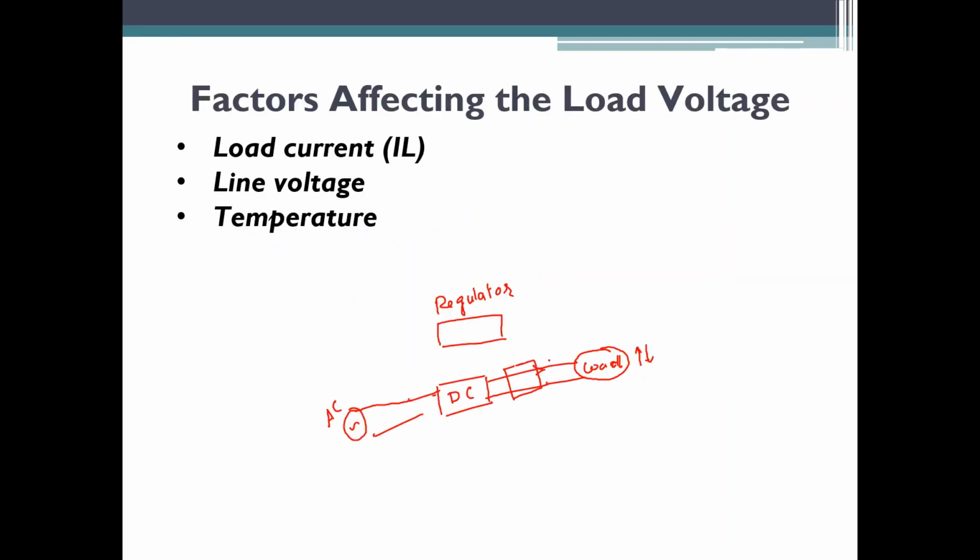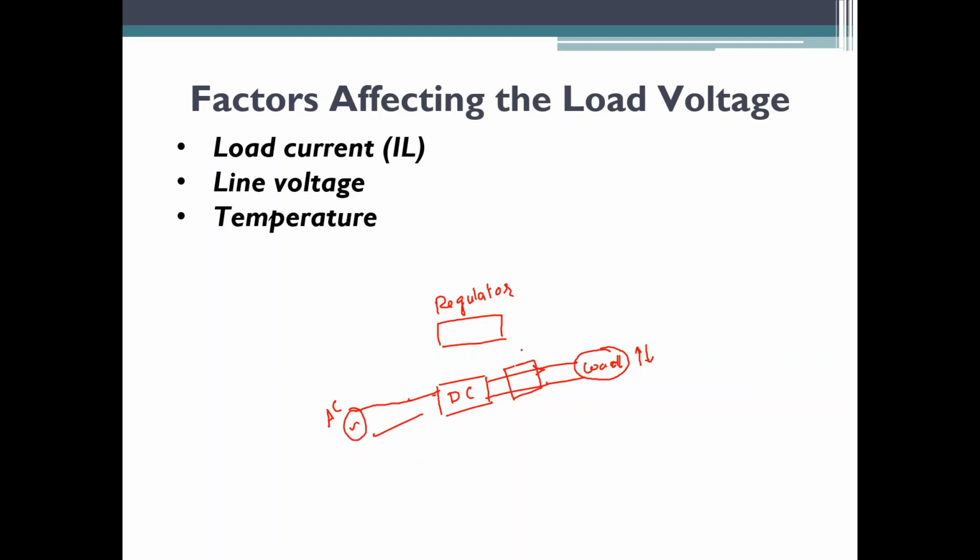Now when the load current increases, obviously the temperature of the devices that make up a filter or a rectifier will increase as per the load current. This increase in the temperature of these semiconductor devices will affect the performance, or will affect the load voltage.